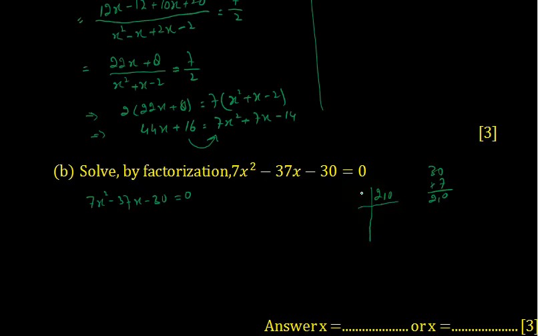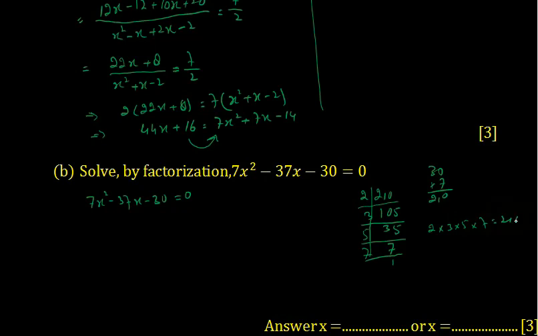Now we take the factors of 210 so that we can do the middle term break. When we divide by 2, it becomes 105, further it can be divided by 3, and 35, and 5 sevens are 35, 7 ones are 7. So the factors of 210 are 2 multiplied by 3 multiplied by 5 multiplied by 7.